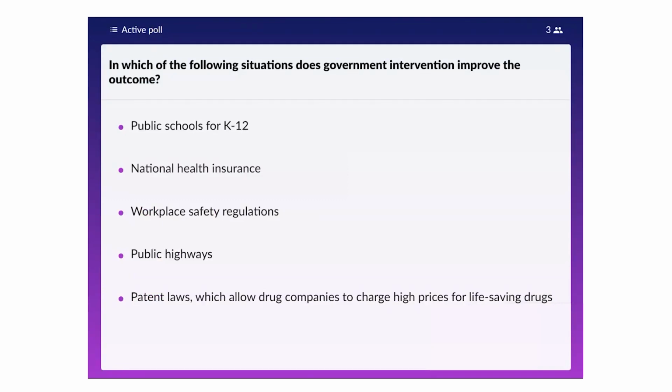Now you can choose which of these would actually improve the market outcome. Okay, we can slightly pause here for everybody to think about this and decide which one of these do you think is actually good? I went very quickly through workplace safety regulations. So think about construction workers. They might be in a disadvantaged situation because they're forced to accept a not-so-safe environment because the employers might have more market power.